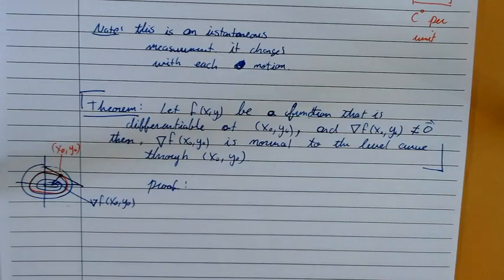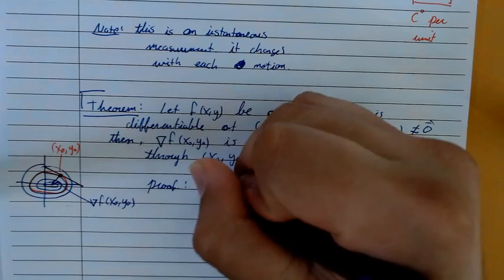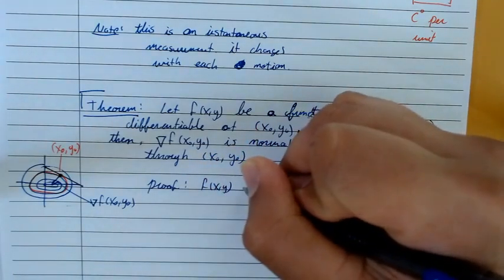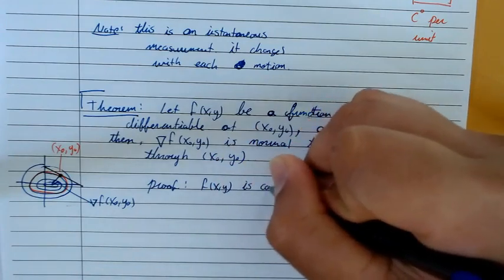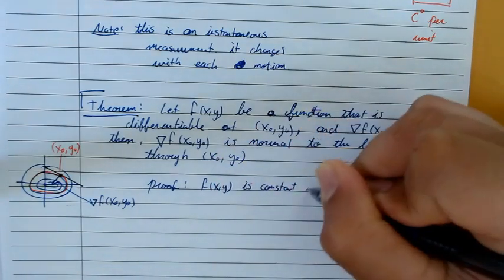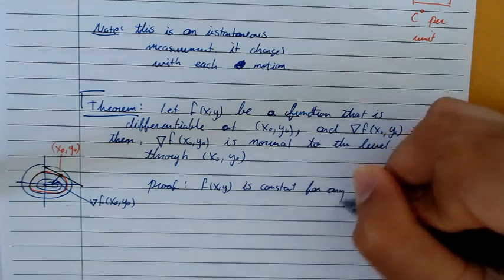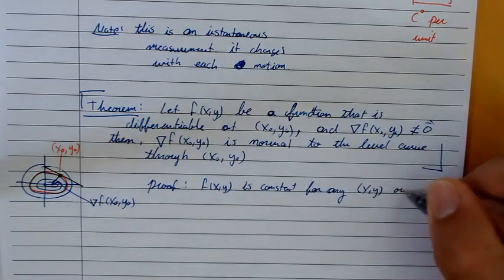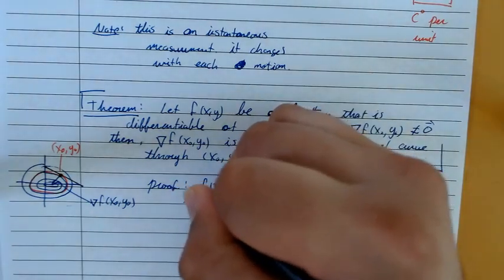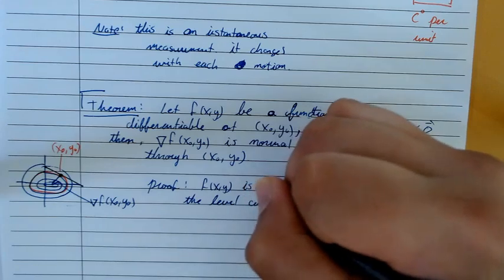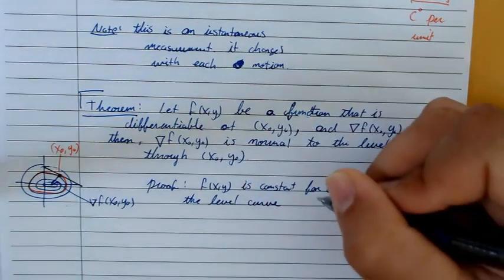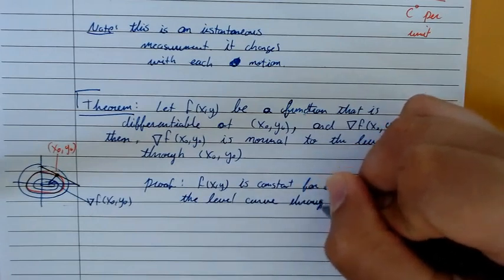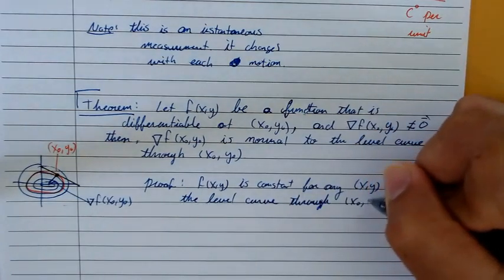Let's begin with f of x comma y. And note that it is a constant for any x, y on the level curve through the point x naught comma y naught.